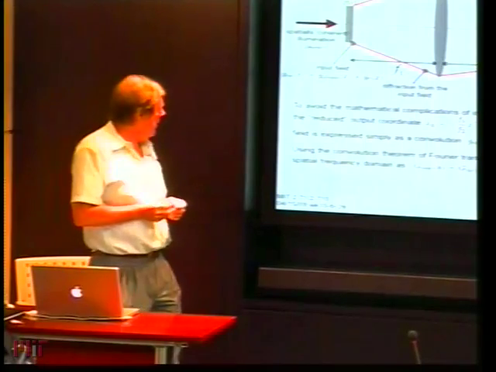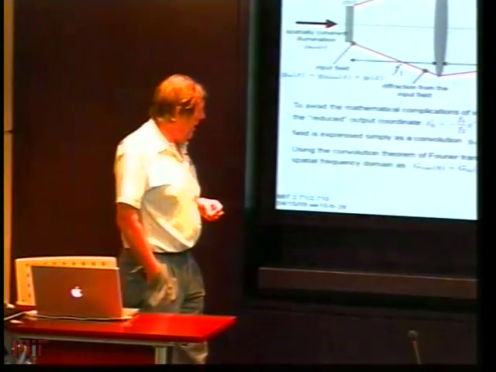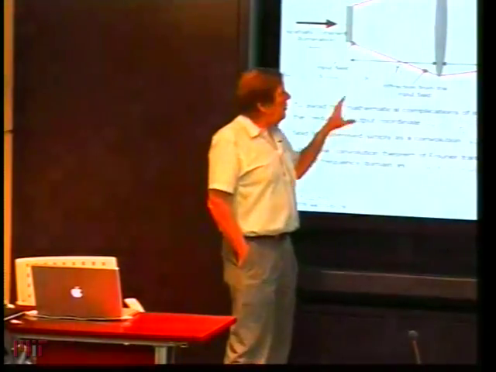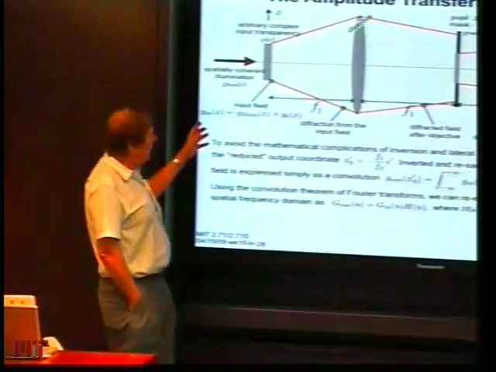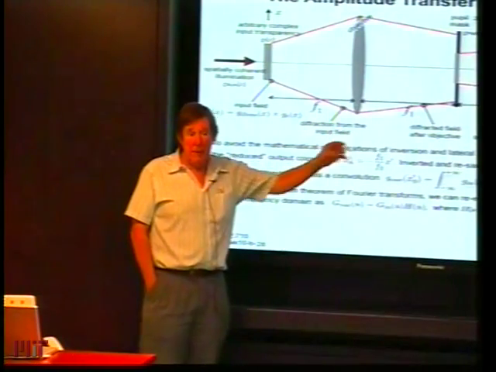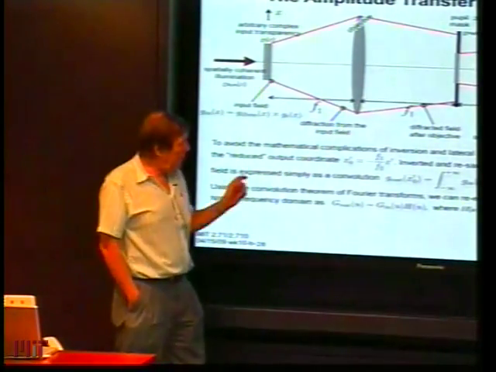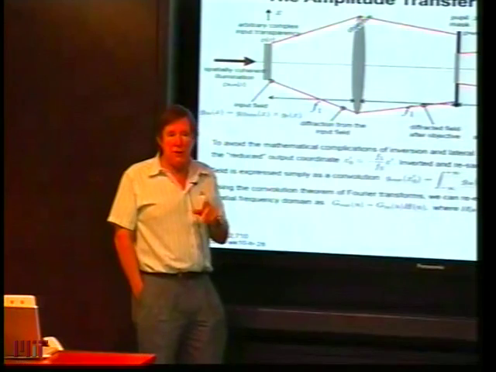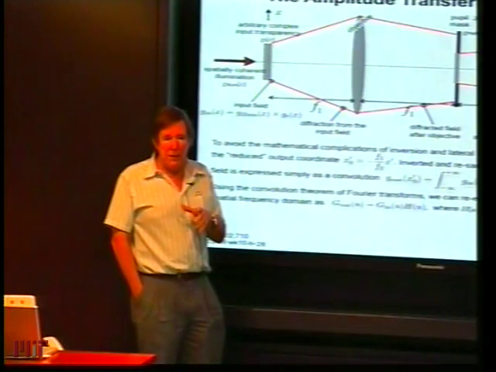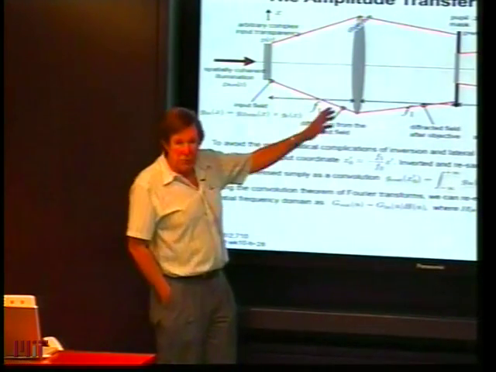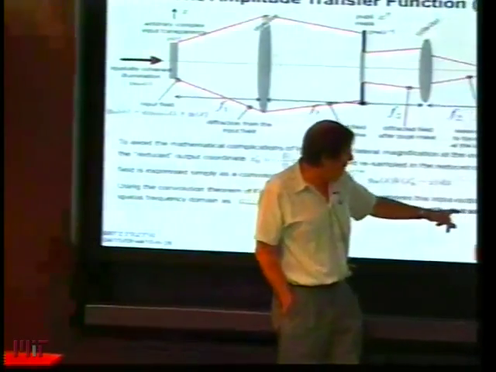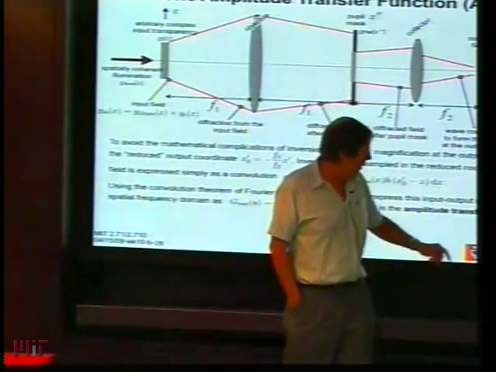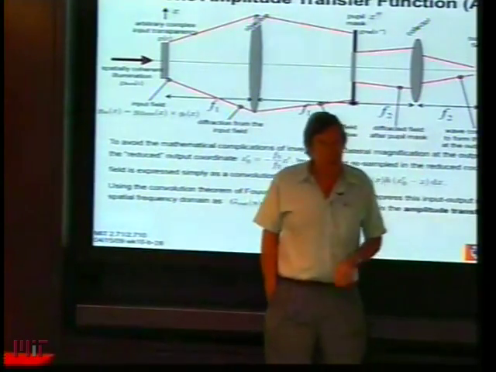One thing to be very clear about here is that we're talking about coherent systems. So we're working with amplitudes all the time, and it's the amplitudes that are going to be affected by the optical system. That's why we have to think of what's called an amplitude transfer function, which we've written as ATF.